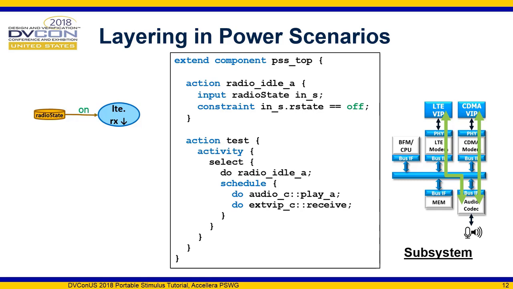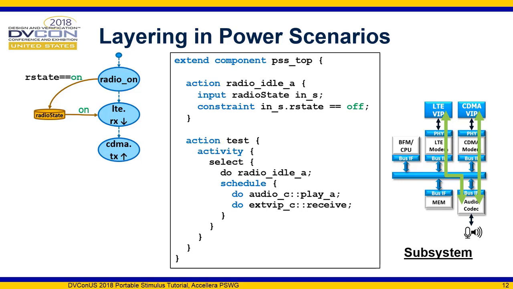That guy says, I need the state of this radio state object to be on. But remember, the initial state was off. So what must the tool do to resolve that? He says, okay, but I know about this radio on action that knows how to turn the guy on. So he has to run before the LTE RX operation can run.